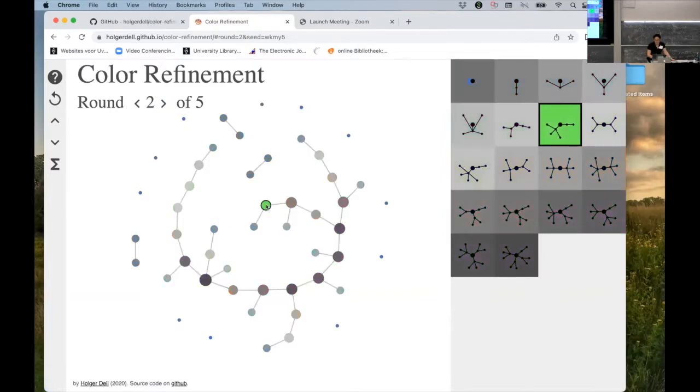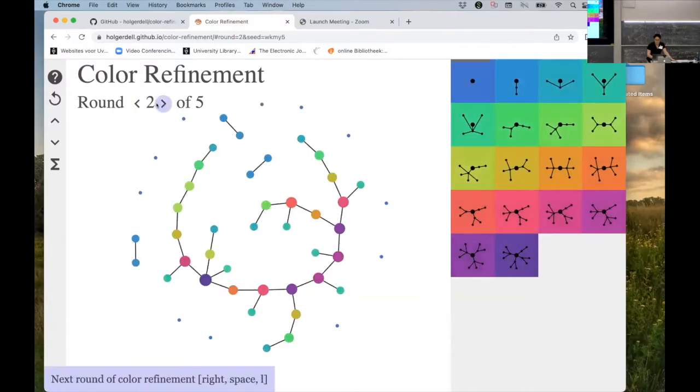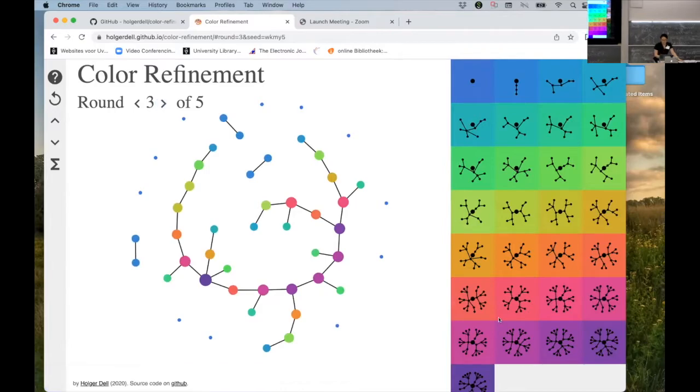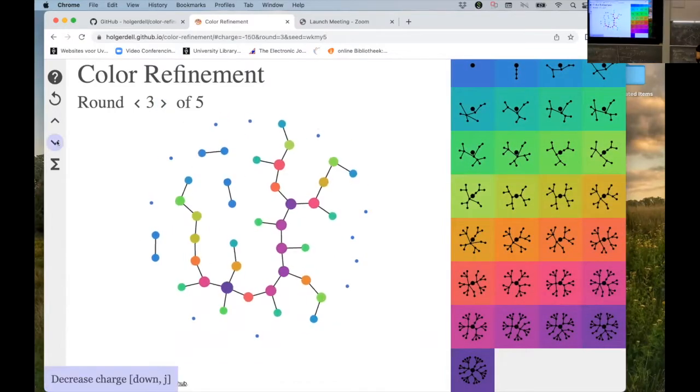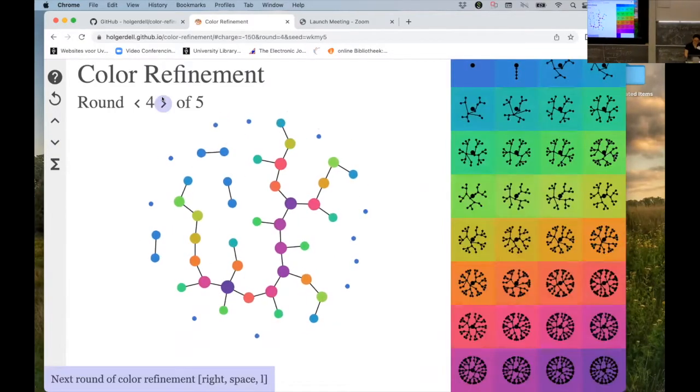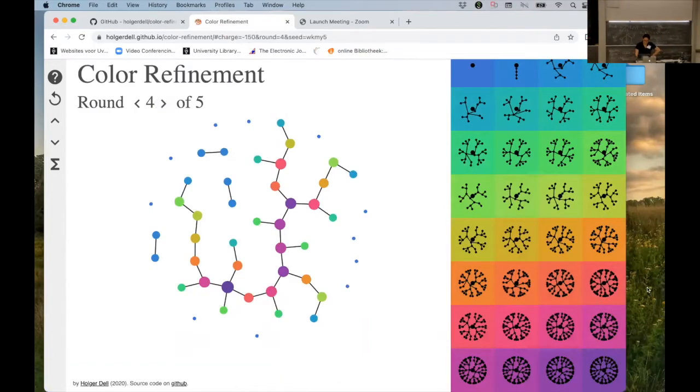So now this thing, its neighbors are this light blue color and also this large pink color, and we just do it again. Now we get some more colors. All right, so again we can go again, and there are somehow more colors.